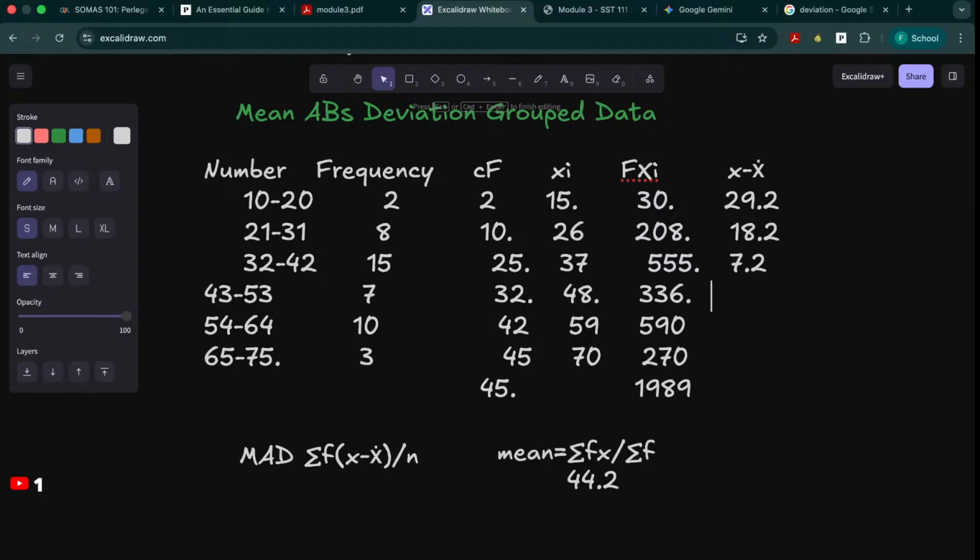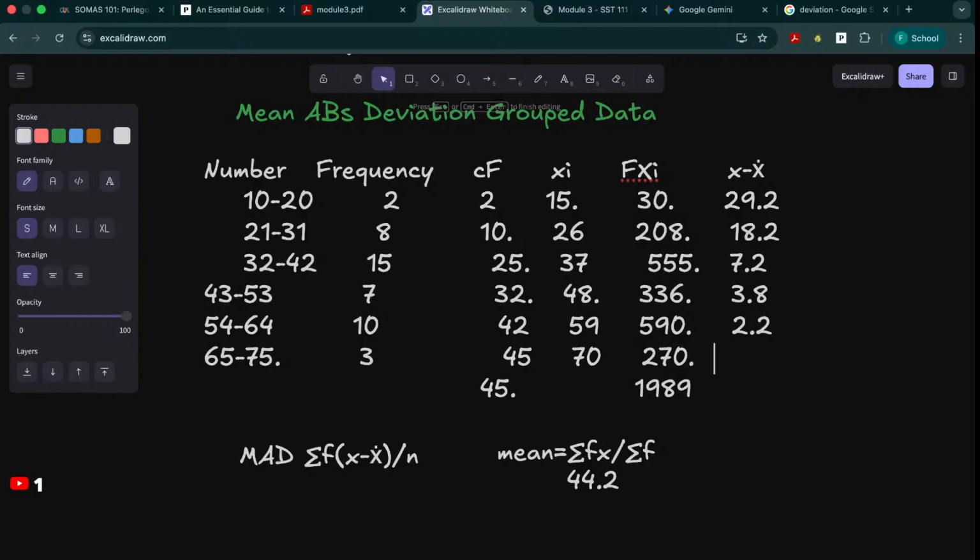The other one is 48 minus 44.2, we should get 3.8, and the other one is 42 minus 44.2, we get 2.2.